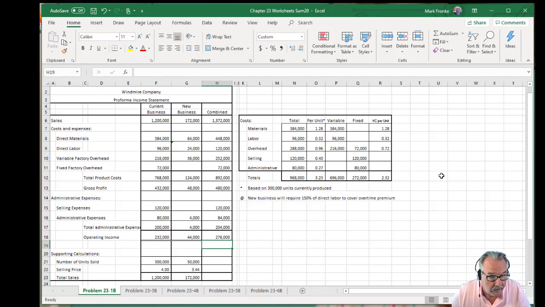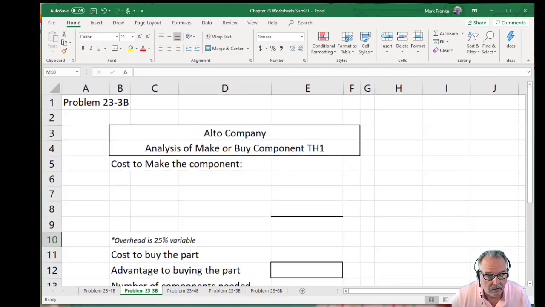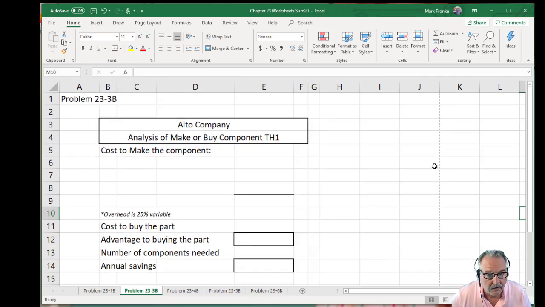Problem 23-3b is a make or buy decision. So we can buy the part at $4, and they've given us information on the cost of making the part.